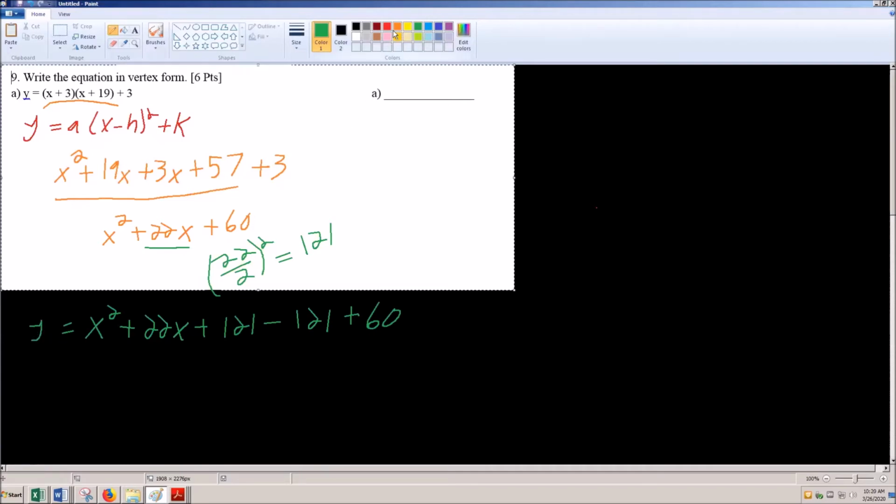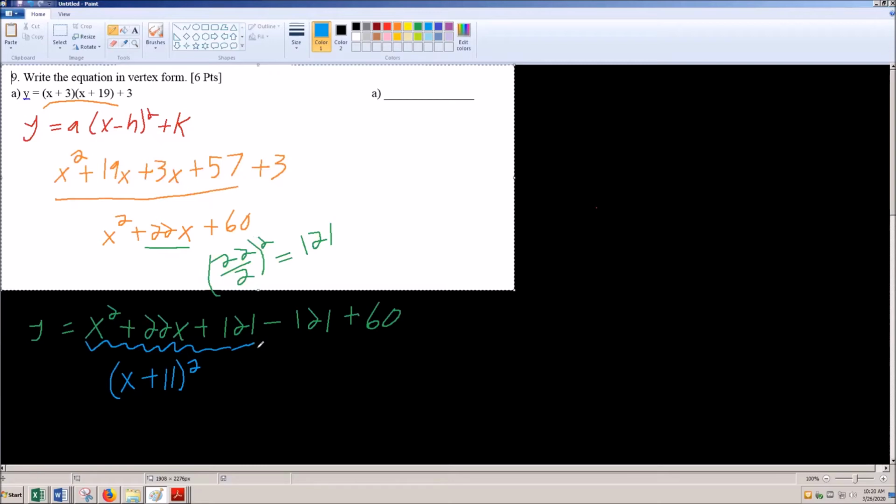Now these first 3 terms, by design, are going to be my binomial square. This is my perfect square trinomial that I just made by taking my b value, dividing it by 2, and squaring it. So here it's going to be x plus, and it's always just 1/2 the b value, so x plus 11 squared.